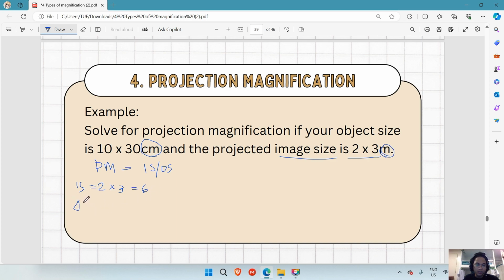As for the OS, object size, since it is 10 by 30 centimeters, you will want to convert them first to meters each.